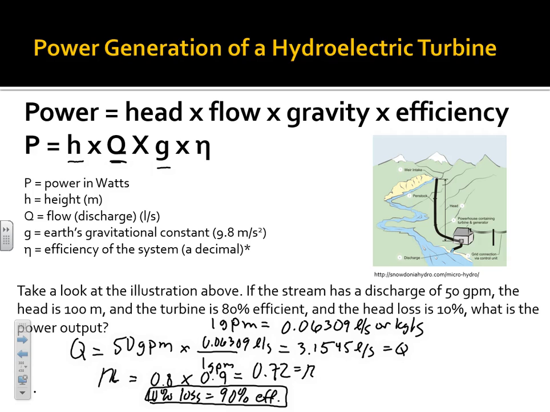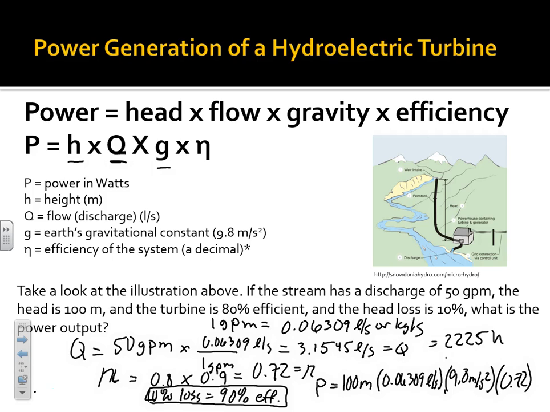Now we have our factors we can plug in. So power equals head, 100 meters, times discharge of 0.06309 liters per second, times gravity, 9.8 meters per second squared, times our efficiency, 0.72, which has no dimension, and that gives us 2225 watts, which is 2.225 kilowatts under these conditions.